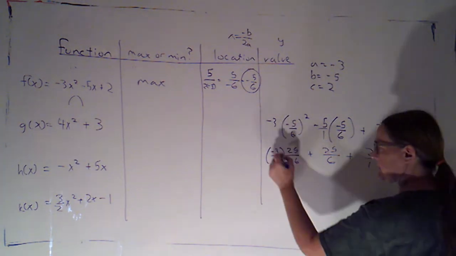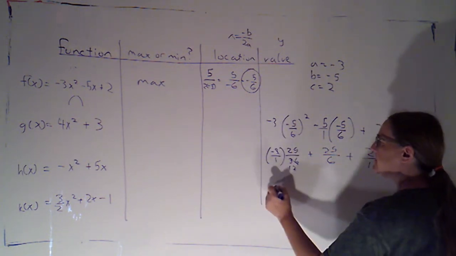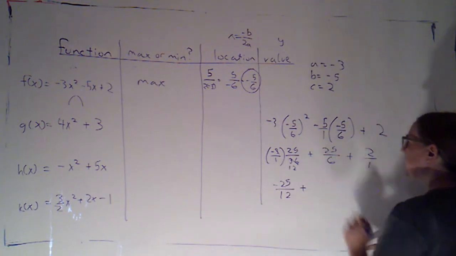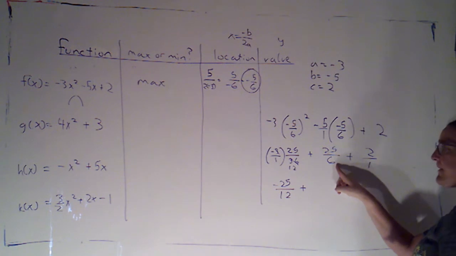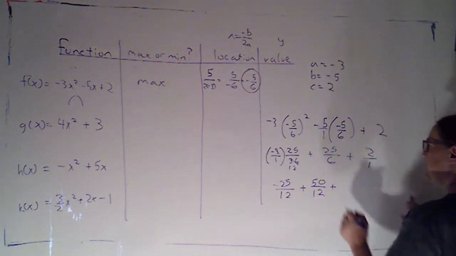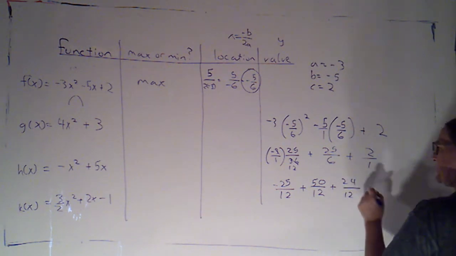Now, I can cancel here. 3 is going to go into 36 12 times. So this becomes -25/12 plus 25/6. If I got a common denominator, that would be 50/12 plus this will be 24/12.